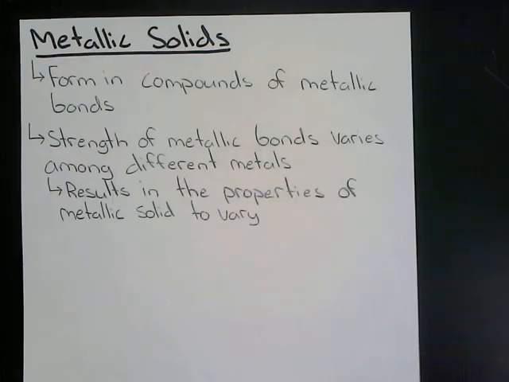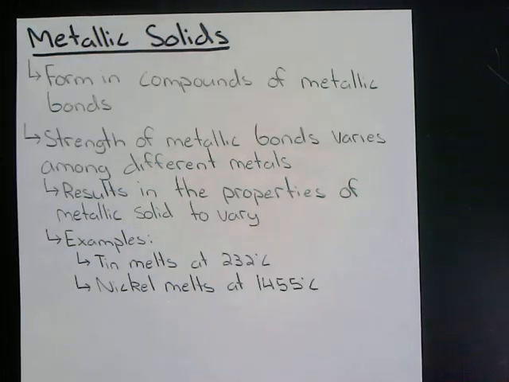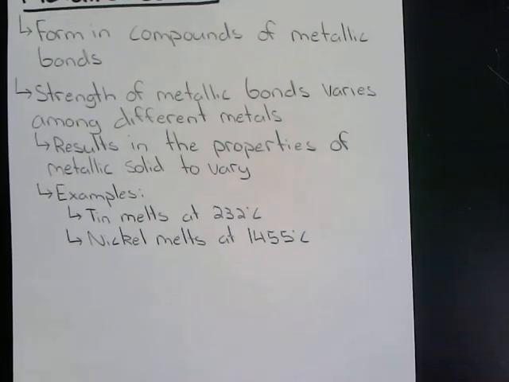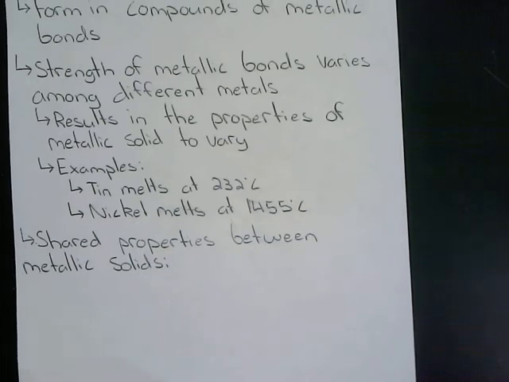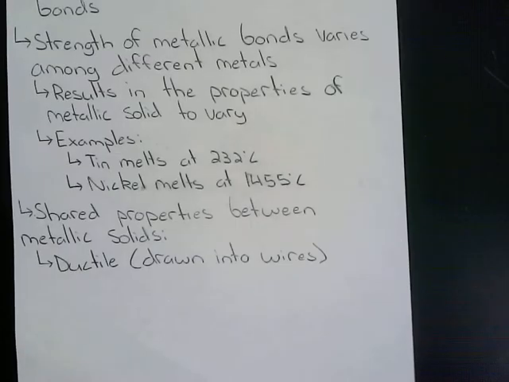An example of this is tin, which melts at 232 degrees Celsius, but a metal such as nickel melts at 1,455 degrees Celsius. There are some shared properties between all metallic solids. One is that they are ductile, or can be drawn into wires. And they are good conductors of heat and electricity.